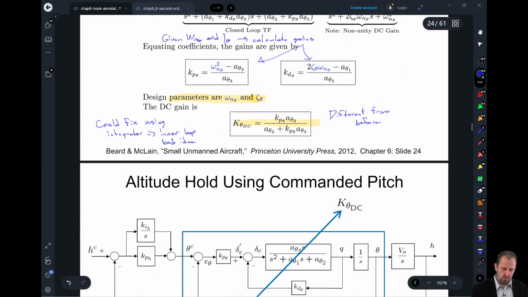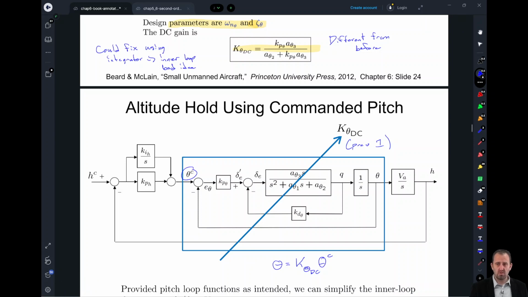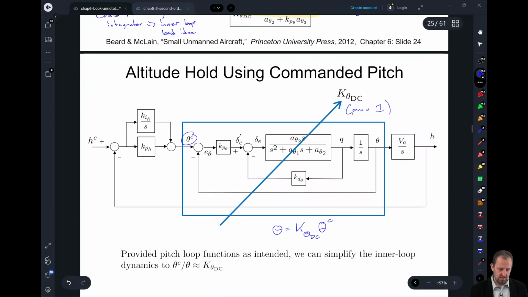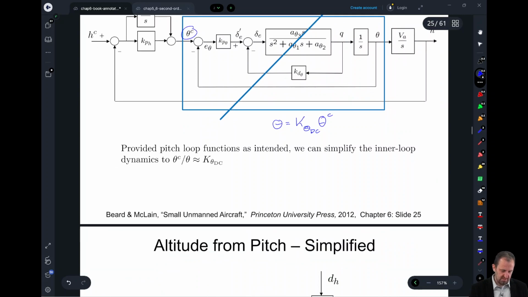So previously we assumed a pass-through, but now, if we're given a theta commanded, theta is just going to be equal to our DC gain times our commanded theta. And so we'll just deal with it in our outer loop. Again, that's stating the same thing.